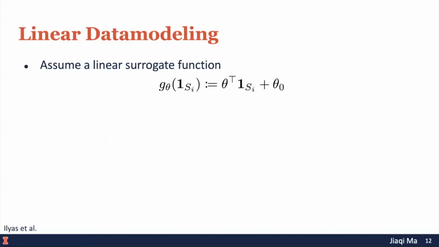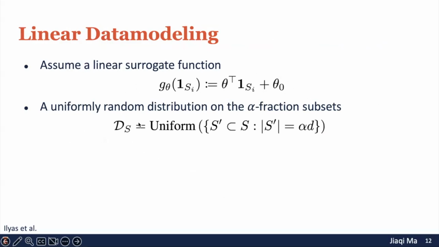In the data modeling paper, the authors propose to use a simple linear surrogate function G, which they call a linear data model, to approximate the target function. And to learn this linear function, we will uniformly sample subsets from the training set with the same size alpha D, where alpha is a number from 0 to 1.